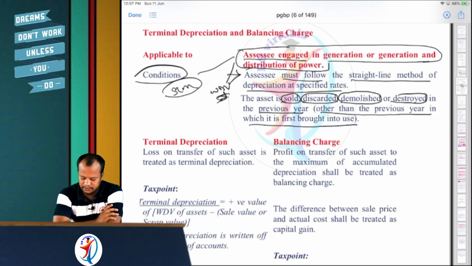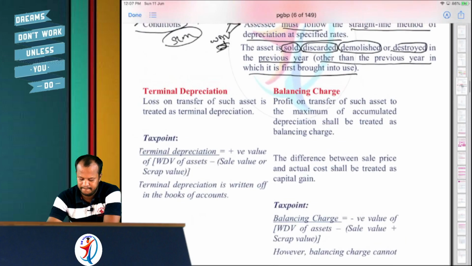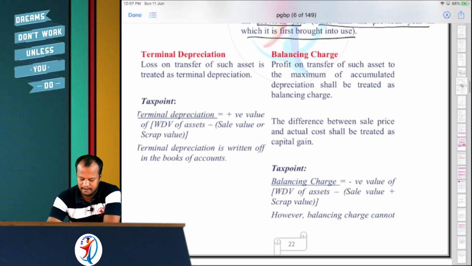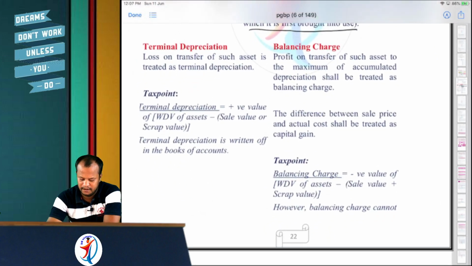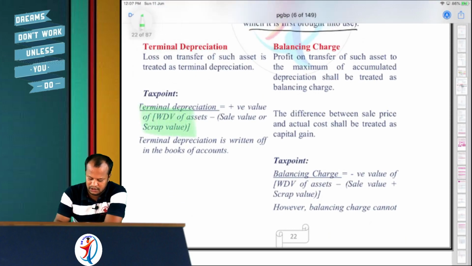You can read the provision here. Terminal depreciation will be WDV minus sale value.